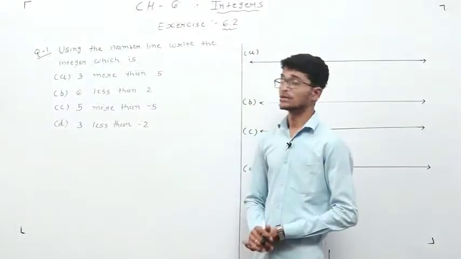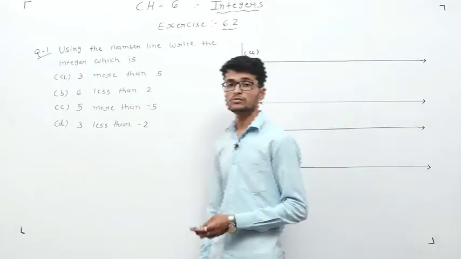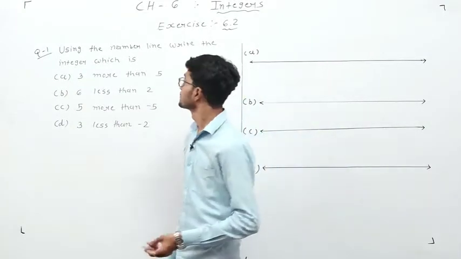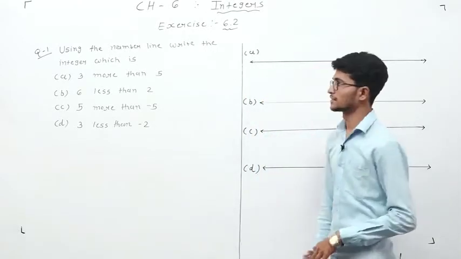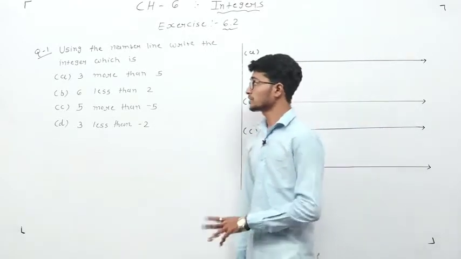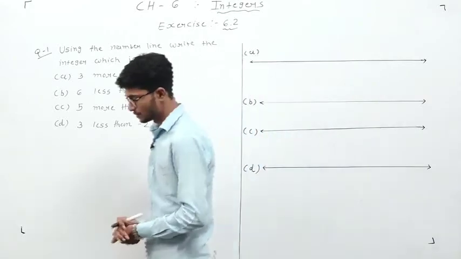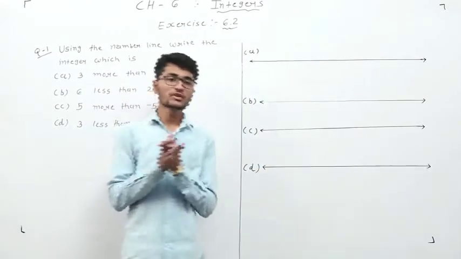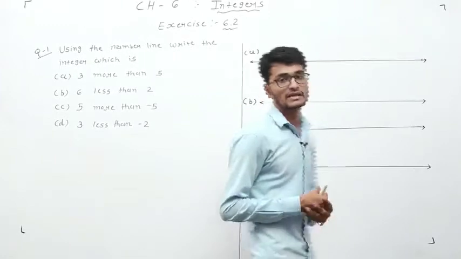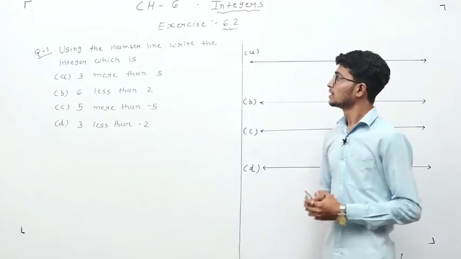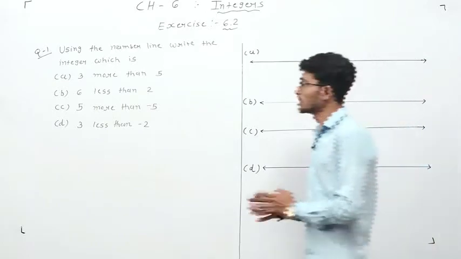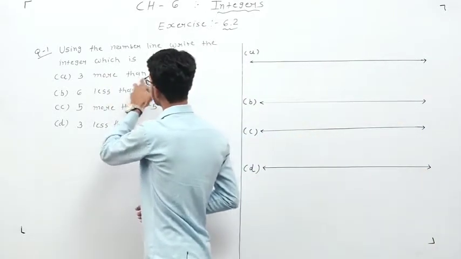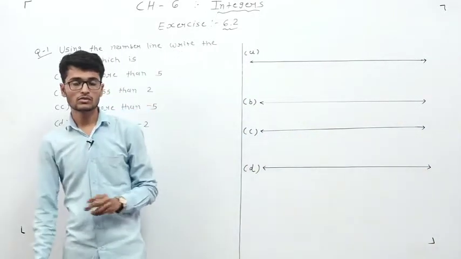Clear? Now next, exercise 6.2, first question. Using the number line, write the integer which is 3 more than 5. First of all, the number line.